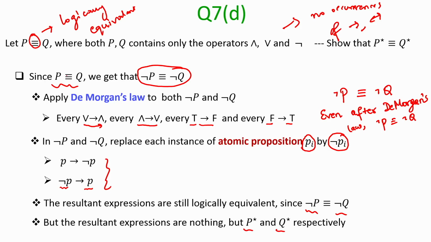Namely, if you have proved a law, say law X, which says that expression P is equivalent to expression Q, then you can get another form of law X where you say that P star is equivalent to Q star. You do not have to separately write down the dual part as law X.2 or law X.3. It comes automatically, it comes free because of this result that the duals of two equivalent statements are also equivalent.